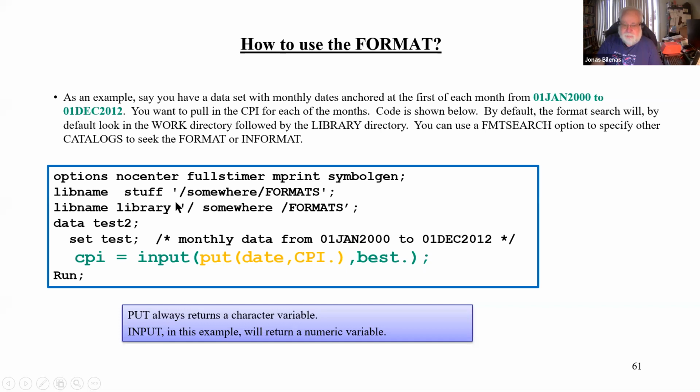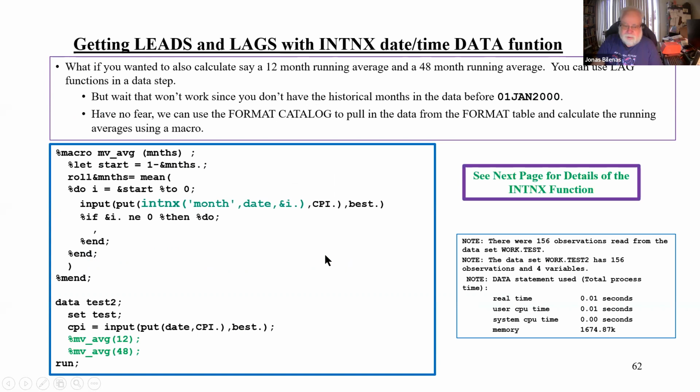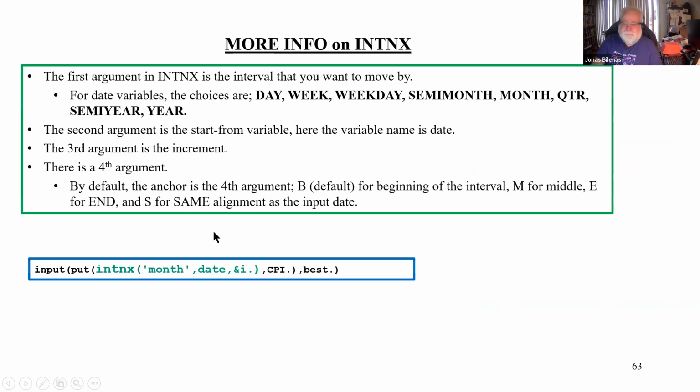So now we have data information, and then we're mapping the dates into, say, consumer price index. And we could do, say, a moving average. This is more using the date functions, INTNX.